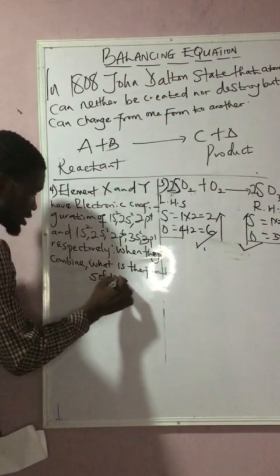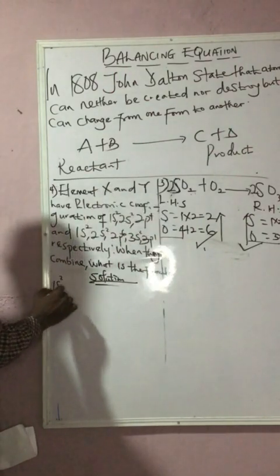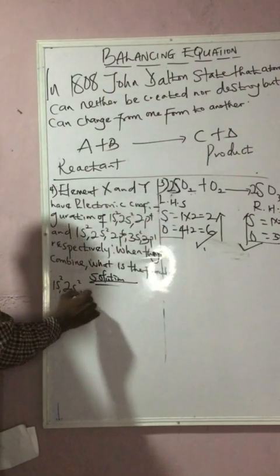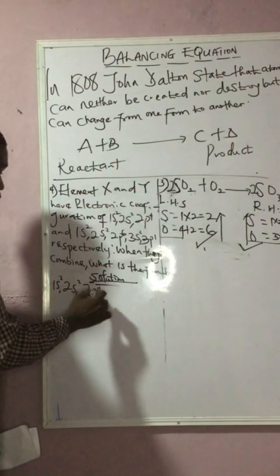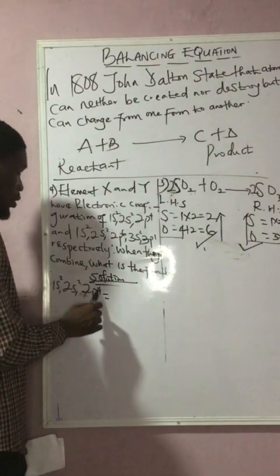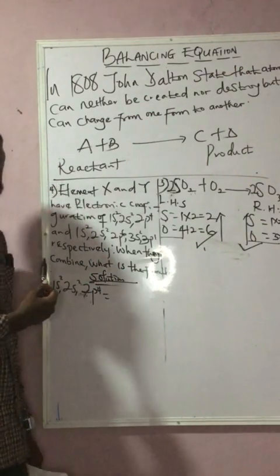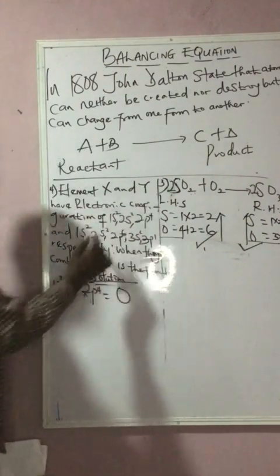As a JAMBite, if you want to solve it, write that electronic configuration 1s2, 2s2, and 2p4. Let's calculate, let's add: 2 plus 2 is 4 plus 4 is 8. The element with atomic number 8 is oxygen. Let's take a look at the second one.